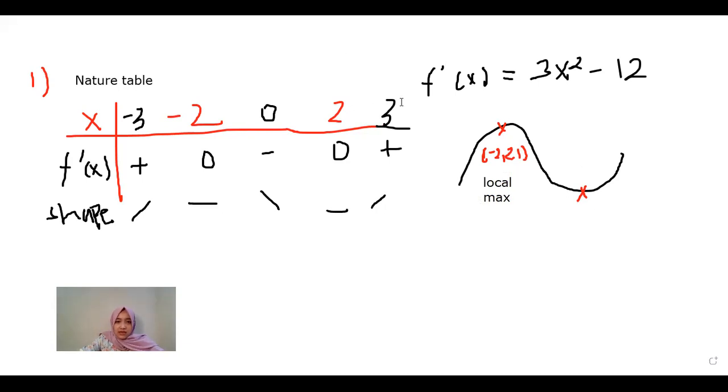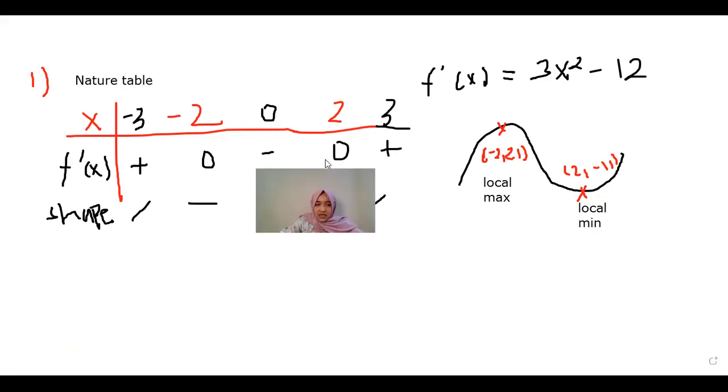And next, we can guess what the other one is, of course a local minimum. So this coordinate is 2 with -11. So the nature of this coordinate is a local minimum. Okay, so we have already determined the nature table to find out the nature of the coordinates.